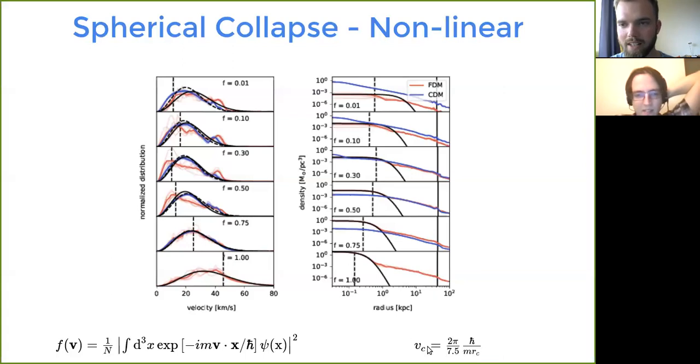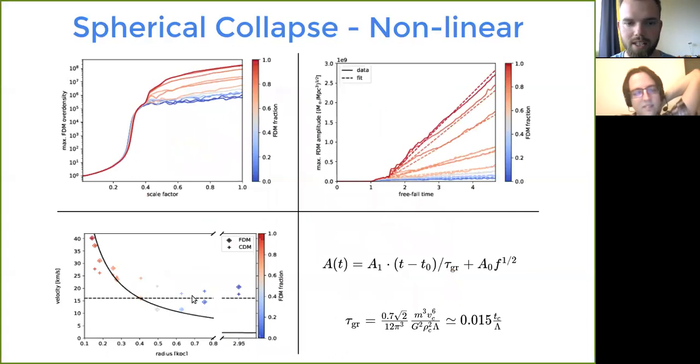And this characteristic soliton velocity is shown here as the dashed lines on the left in the velocity profiles. And you can see that indeed these dashed lines very nicely align with the peaks in the fuzzy dark matter velocity profile. So we indeed see that this characteristic soliton length scale is associated to the characteristic soliton velocity.